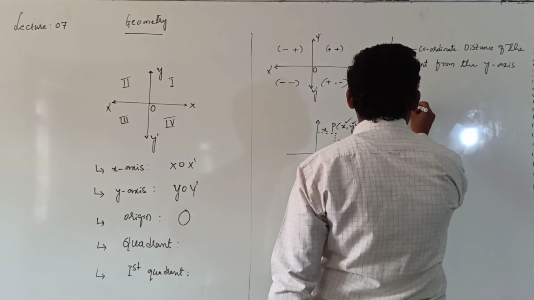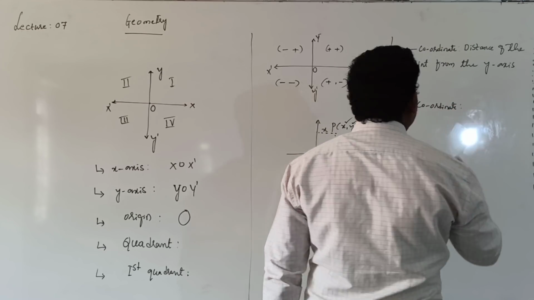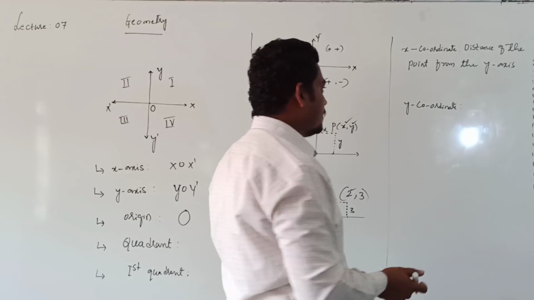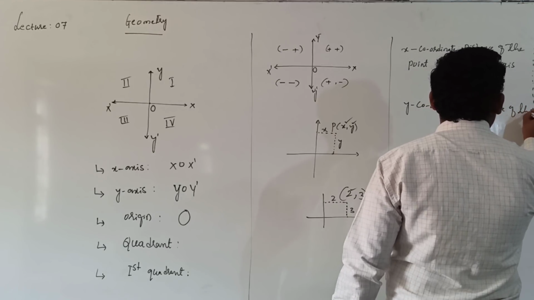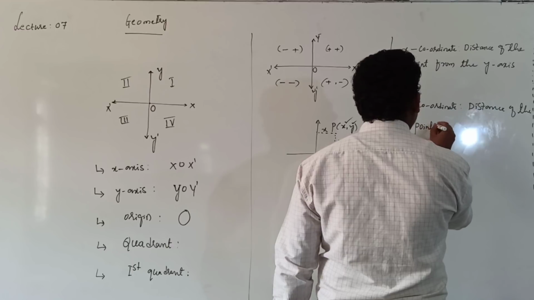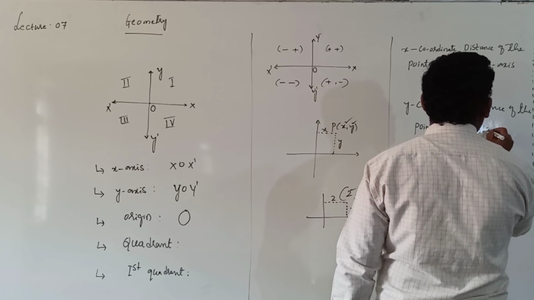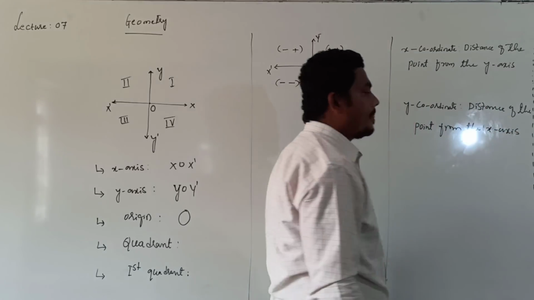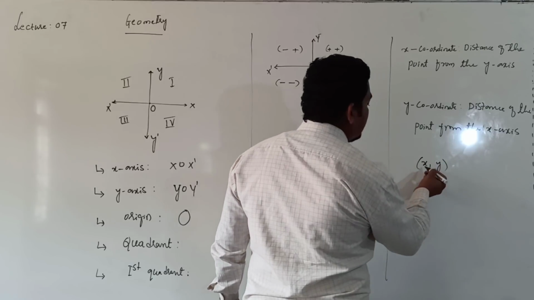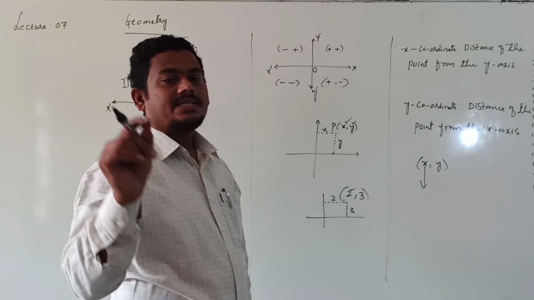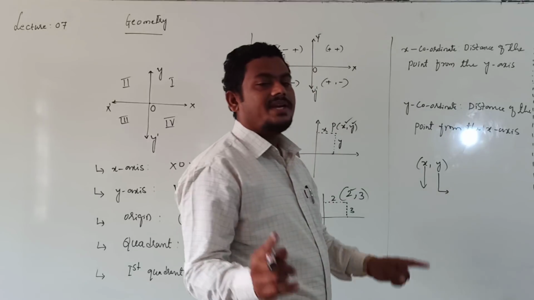Then what is the y coordinate? The y coordinate means the distance of the point from the x-axis. In general, for the point x comma y, x is the distance of the point from the y-axis, and y is the distance of the point from the x-axis.